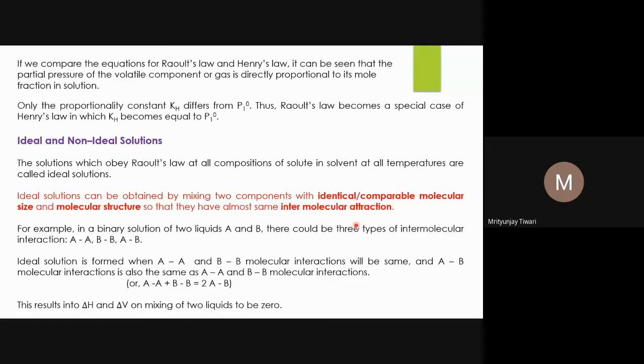For example, in a binary solution of two liquids, suppose the liquids are A and B, there could be three types of intermolecular interactions. Like in the case of solutes and solvents, in pure solute there is solute-solute interaction: the molecules of the solute interact with each other. In the pure solvent, molecules of the solvent interact with each other. Now, if we mix them together, the molecules of solute and solvent are mixed.